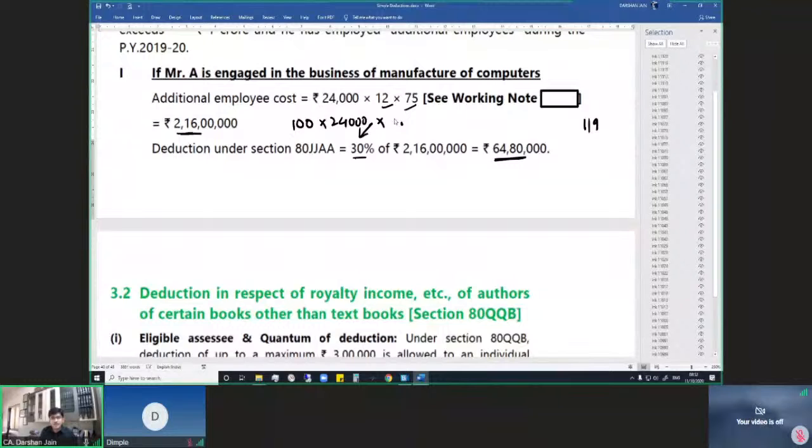So since they are employed for more than 150 days, that is more than 5 months roughly, these employee costs would also be eligible for 80 JJAA. Right? So you add 64 lakh 80,000 with 30% of 100 employees into 24,000 into 7 months. That would be your eligible deduction. I hope you get this. Any questions?